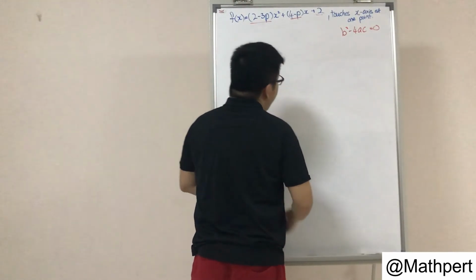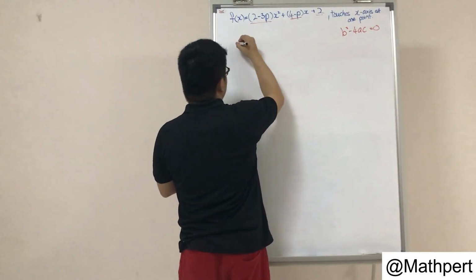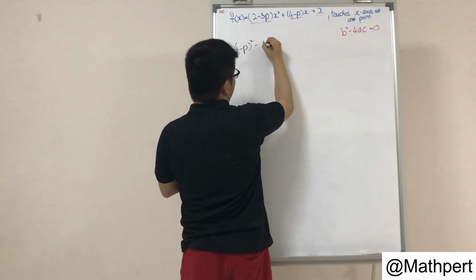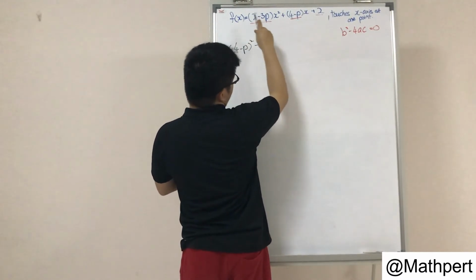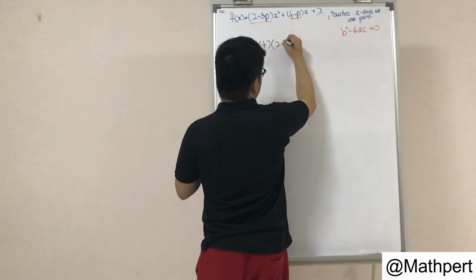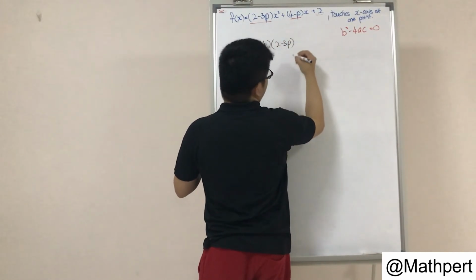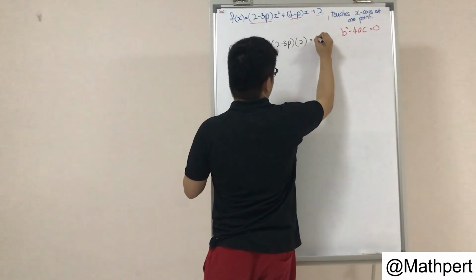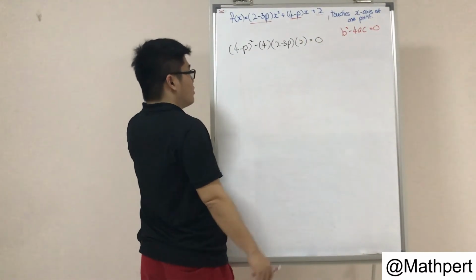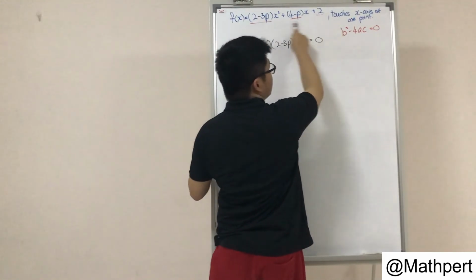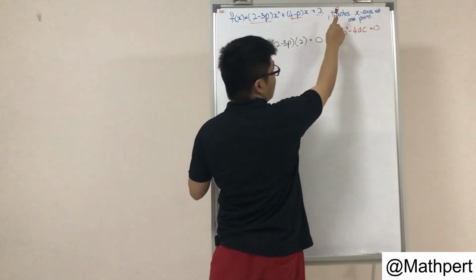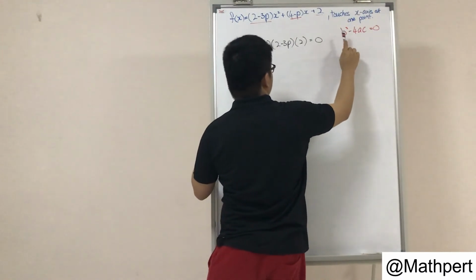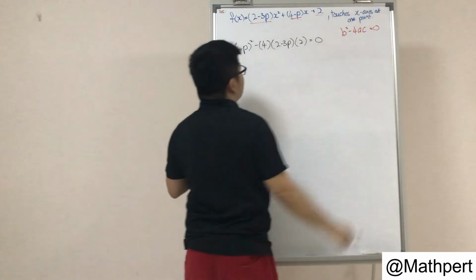We will have b squared, which is 4 minus p squared, minus 4, A is 2 minus 3p, multiplied by C, which is 2, equals 0, because this quadratic function only touches the x-axis at one point, which means b squared minus 4ac equals 0.